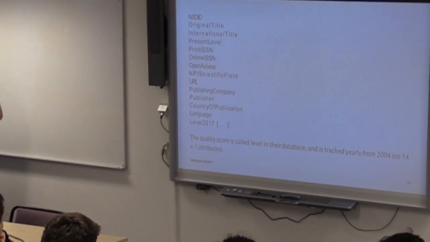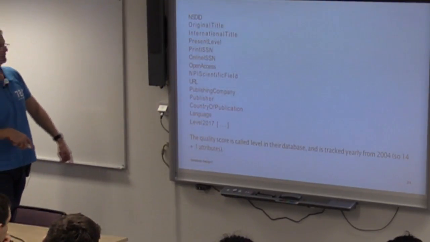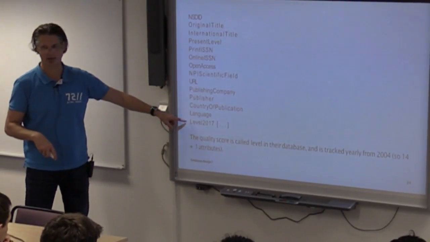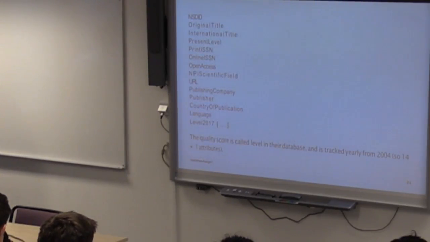So what you need to see here is that what we called quality score is called level by that site. And as my previous lecturer has noted, it is tracked back from 2004. So there are a few more attributes here.